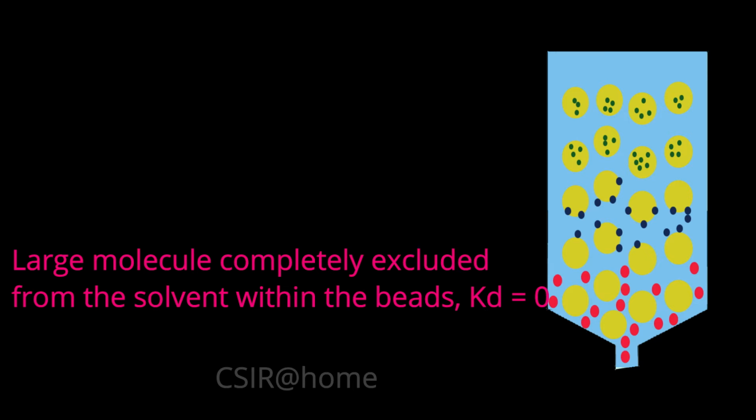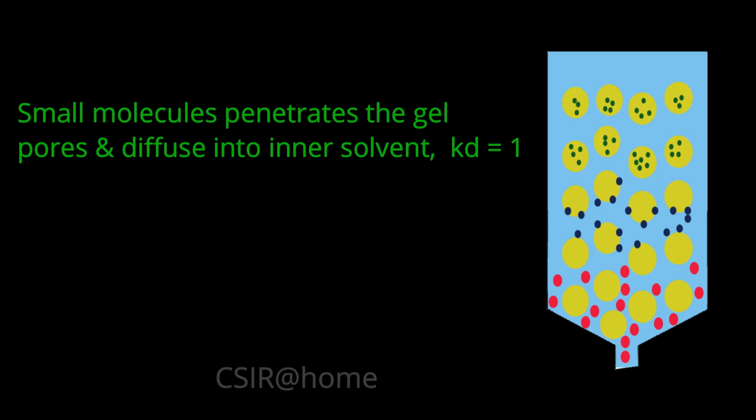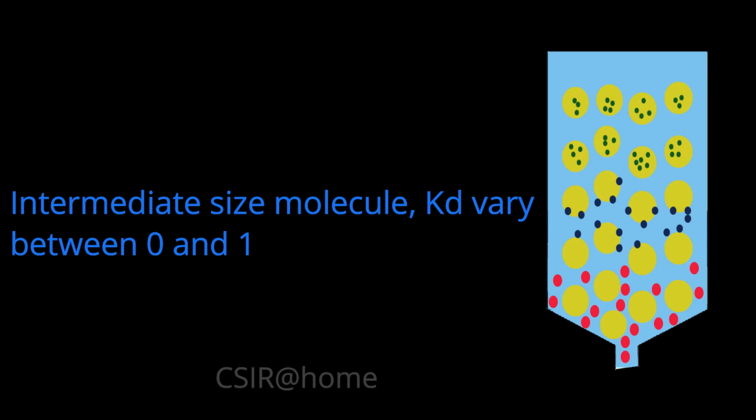If the analyte, that is a polymer sample, is large and completely excluded from the solvent within the beads, here Kd is equal to 0. Whereas, if the solute molecule is small enough to penetrate the gel pores and diffuses into the inner solvent, here Kd is equal to 1. For an analyte of intermediate size, Kd values vary between 0 and 1.